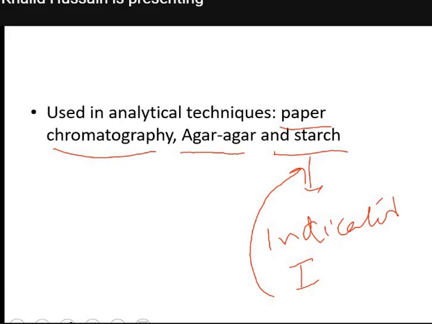That's why it is used as an indicator. And agar is also used on TLC plates to prepare the chromatography. So the carbohydrates have analytical applications also. I'm going to finish here.